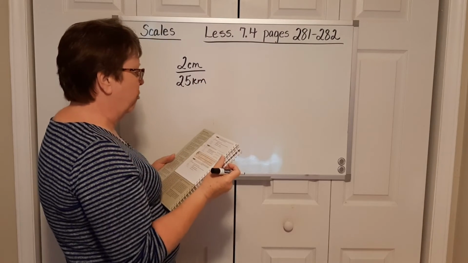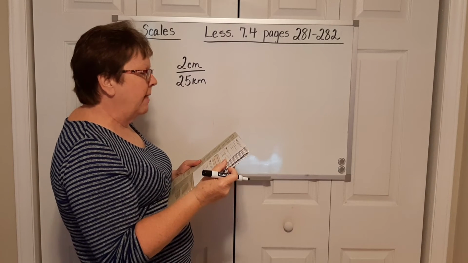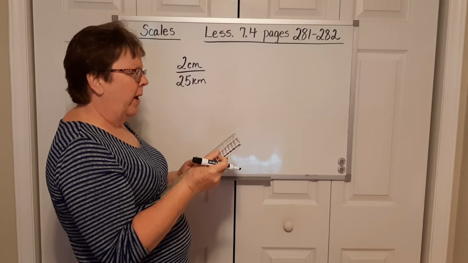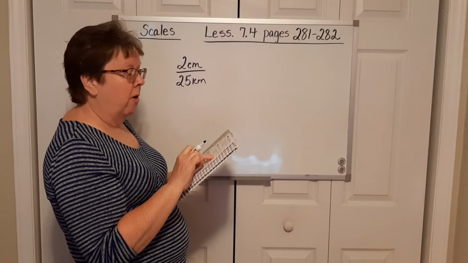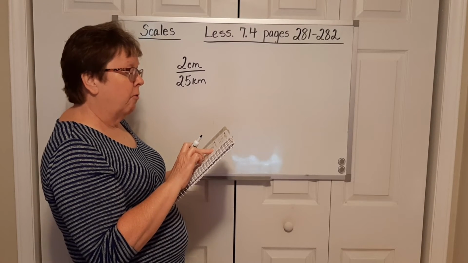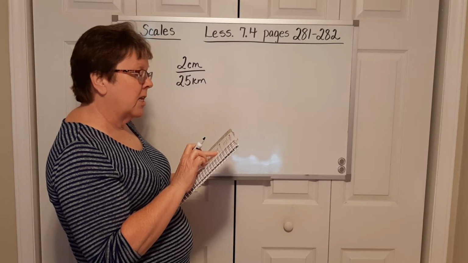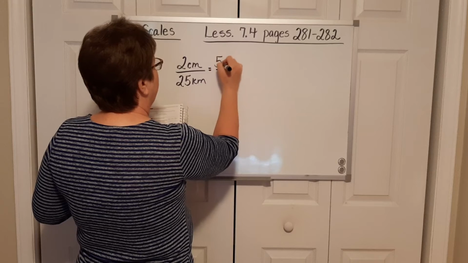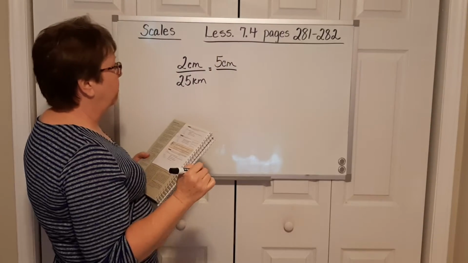And then it says find the distance from Carville to Danville. Well, you've got to look at the scale drawing there. From Carville to Danville, it says it's 5 centimeters. So we have to put our 5 centimeters there.